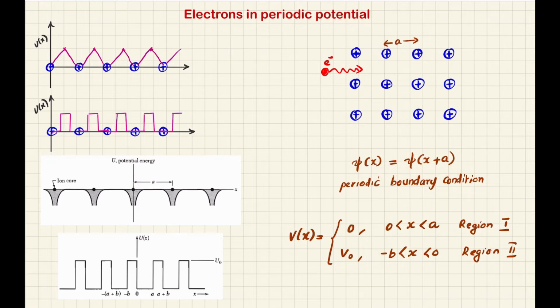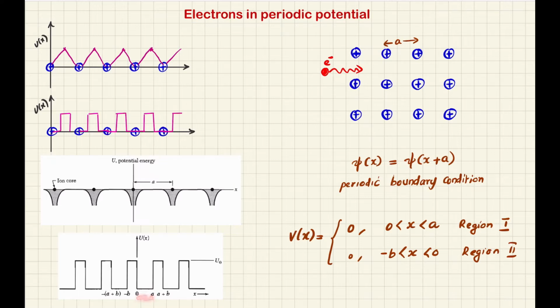Now, the potential you write down here is 0 in the region 0 less than x less than a. That is called region 1. I assume at the center there is a positive ion core, so the potential is minimum there, and it is 0 from 0 to a.